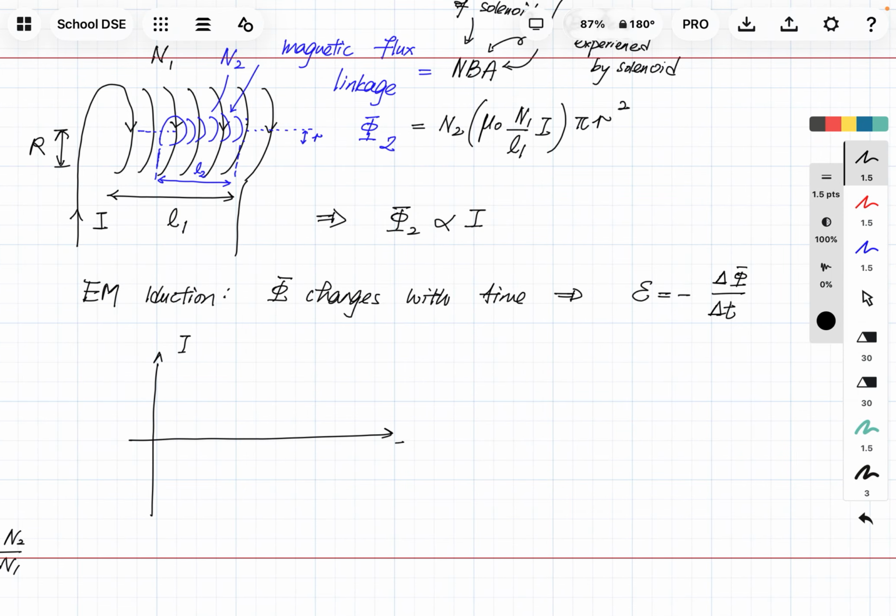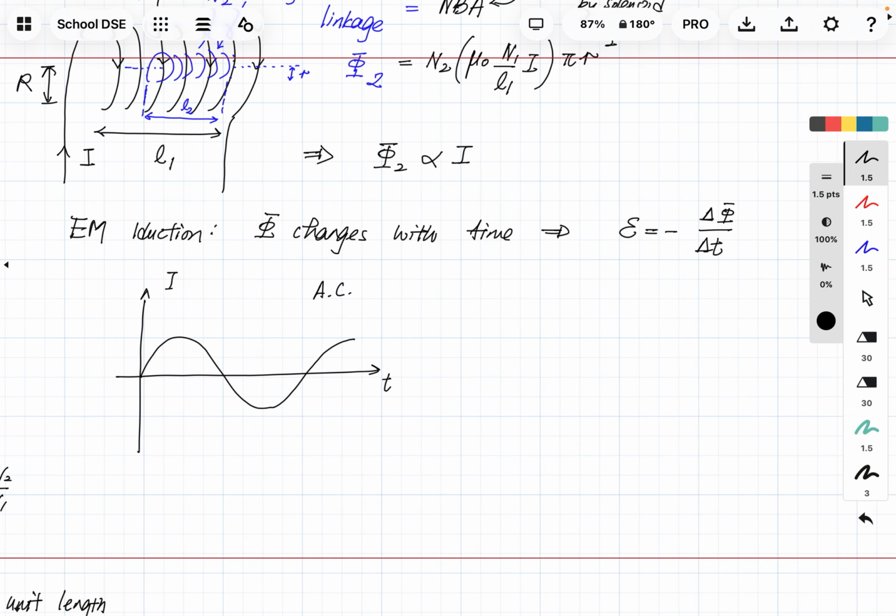Is flux 2 the bigger solenoid? No, in this example, flux 2 is the smaller solenoid. The flux in the smaller solenoid is due to the bigger solenoid. Oh, that makes sense.